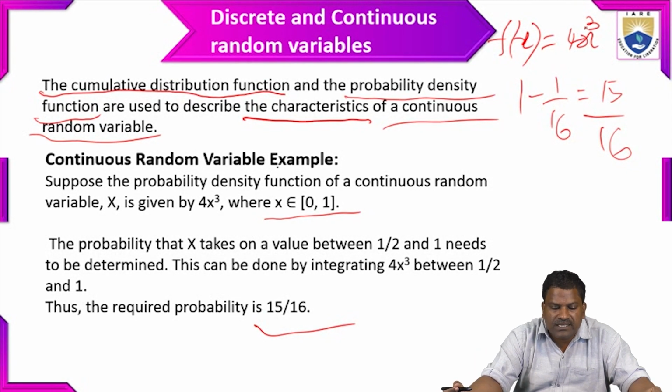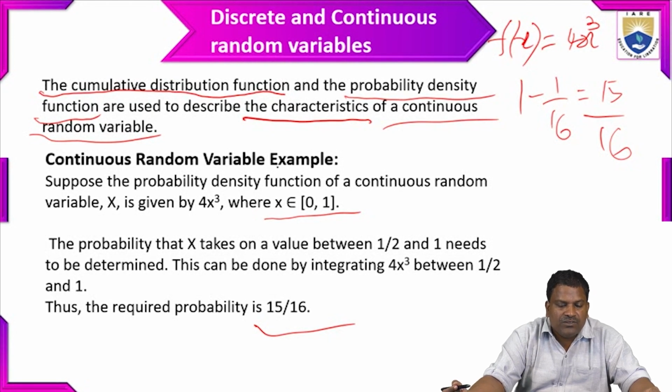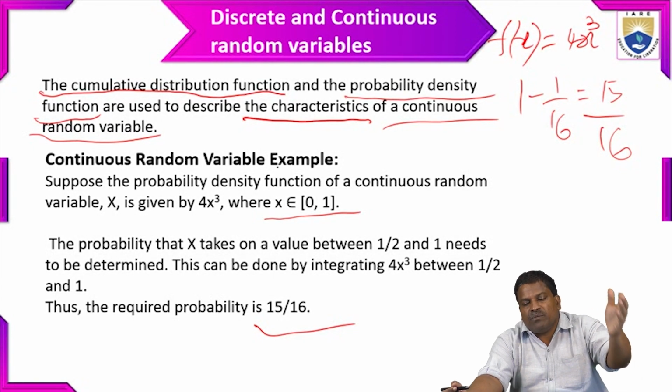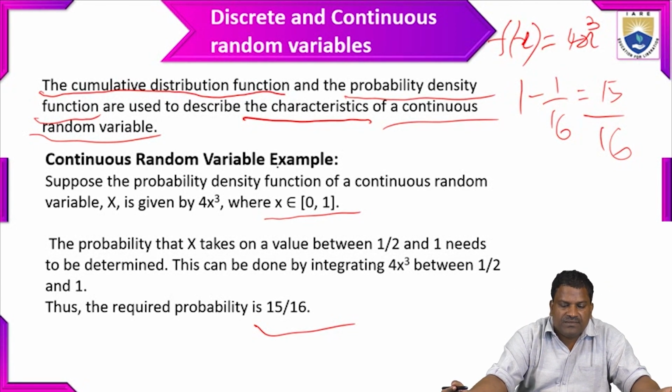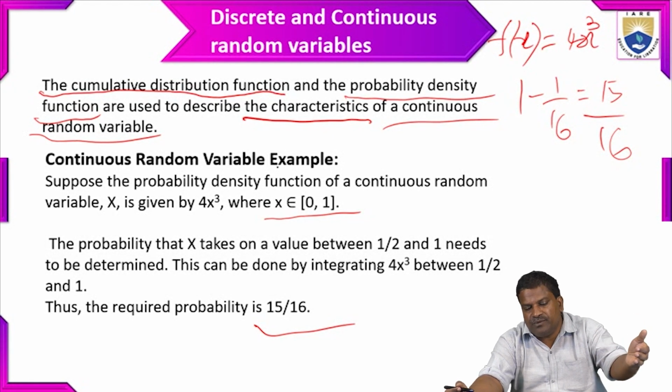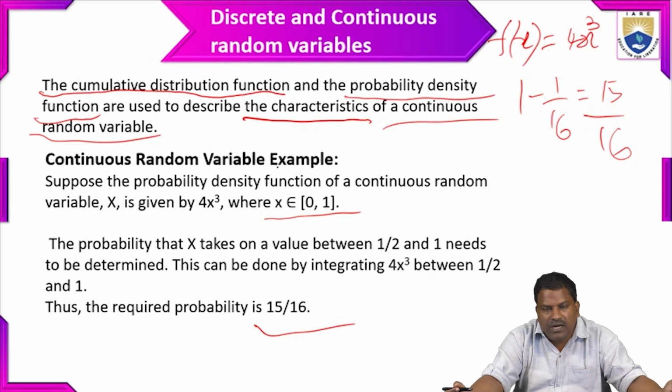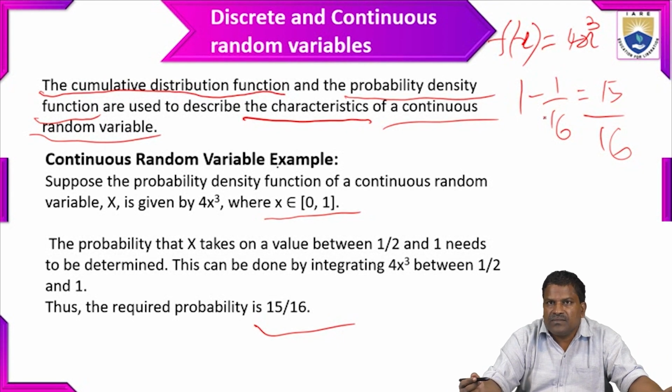Now let us take its integration. The probability that x takes on a value between 1 by 2 and 1 needs to be determined. This can be done by integrating 4x cube between the limits 1 by 2 and 1. It is upper limit minus lower limit. Upper limit is 1, lower limit is 1 by 16, so it is 15 by 16.